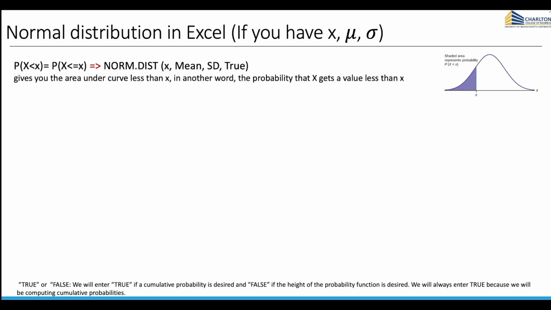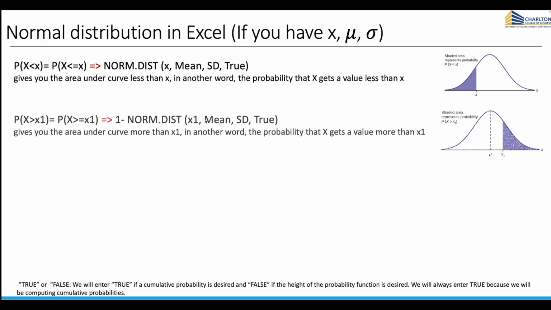I'm summarizing the Excel functions that we used for calculating the probability. Whenever you see the probability of x getting a value less than some number, you can use norm.dist directly, because norm.dist always gives us the left side area. If we are looking at the probability of the right side area, or x more than some value, you're going to transform it to a form of left side area.